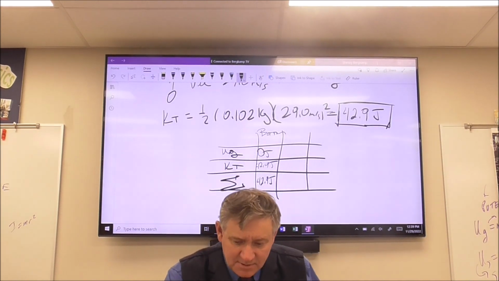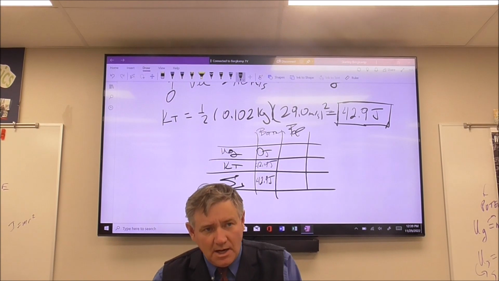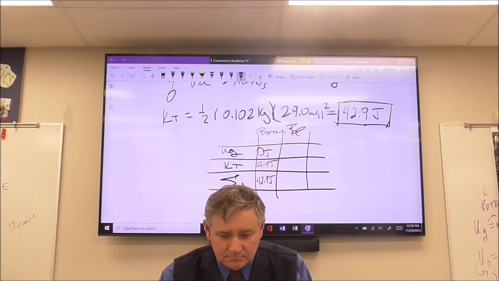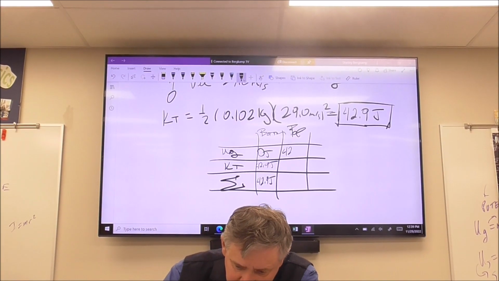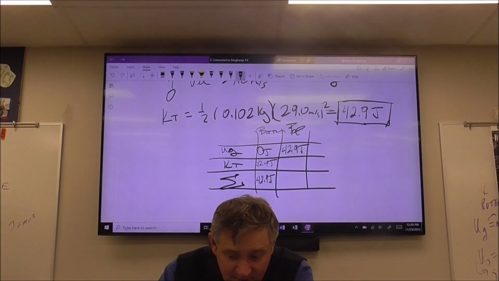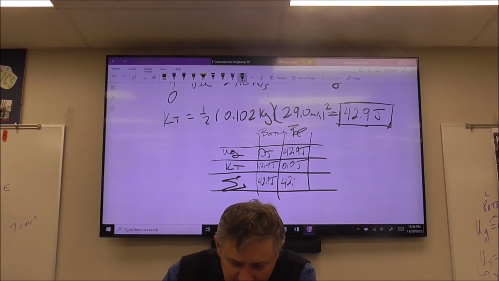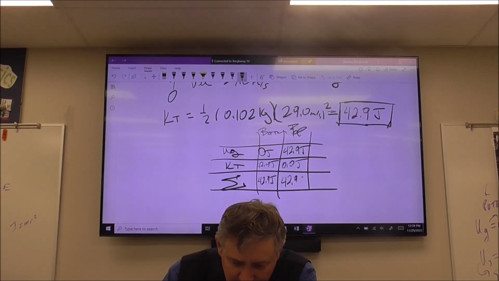So when I get up to the top, how much UG am I going to have? 42.9 joules. How much kinetic energy am I going to have? 0 joules. So that means everything has to add up to 42.9 joules.